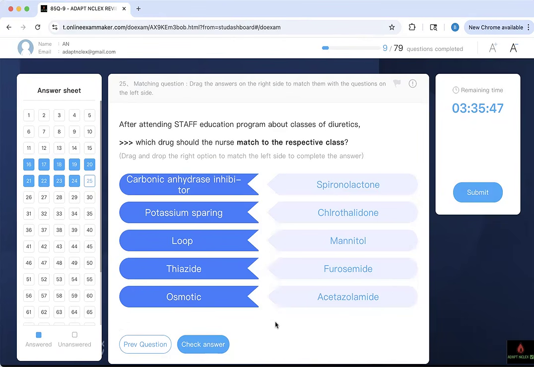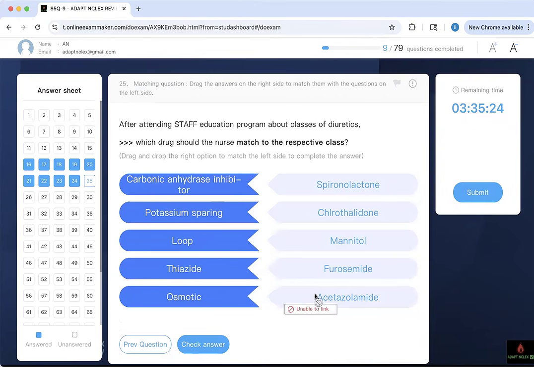These are all diuretics. You have carbonic anhydrase inhibitor, potassium sparing, loop diuretic, thiazide, and osmotic medication. Which class do you put them in? Stop the video, pair them yourself, and let me know. Put down in the comments, number 25 about diuretics.